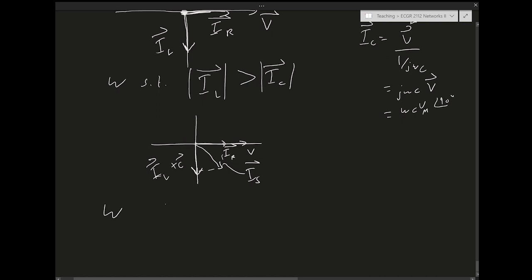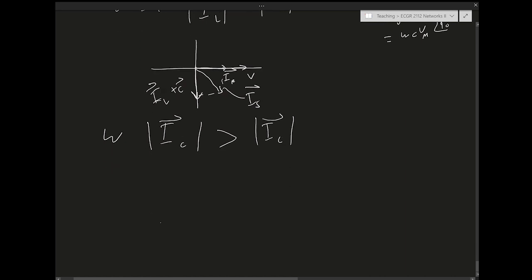If omega is such that the magnitude of IC is larger than the magnitude of IL, then we are going to get this sort of phasor diagram. This is the reference V, this is IR, and then I sum IL and IC, but the sum goes positive. So I have IL plus IC, and the sum is this, IS.